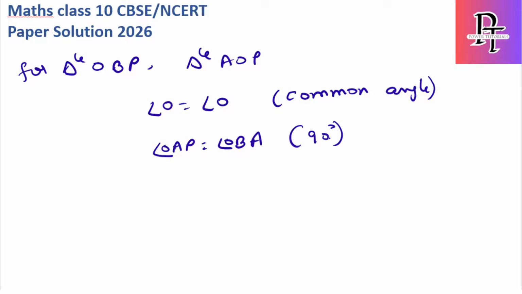So if two angles are equal, then both the triangles are similar. Therefore triangle OAP is similar to triangle OBA.